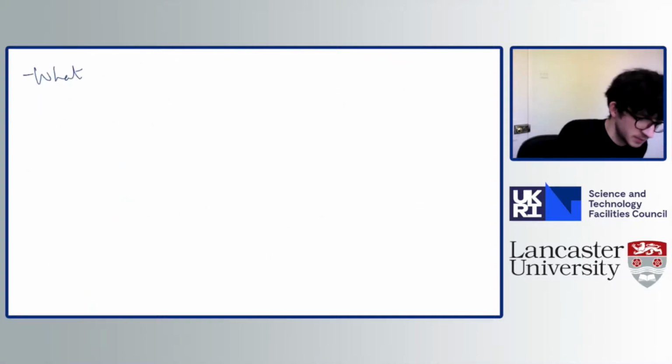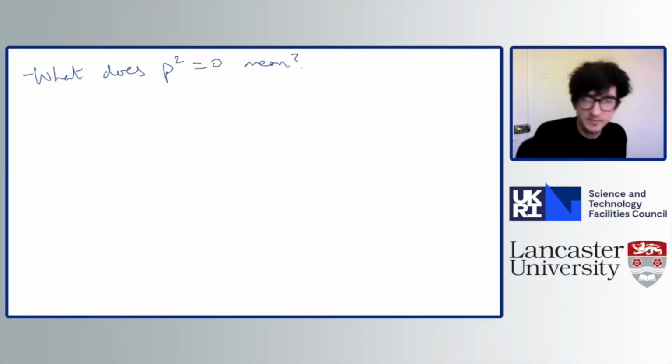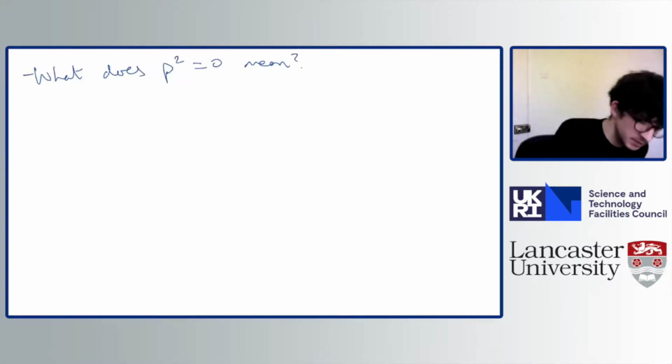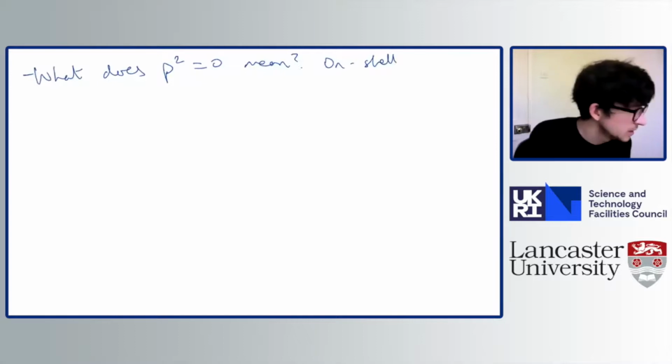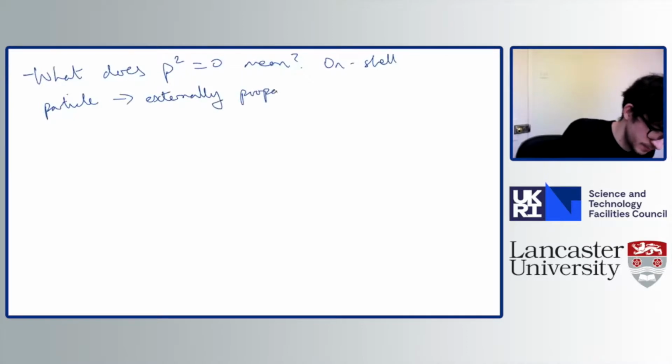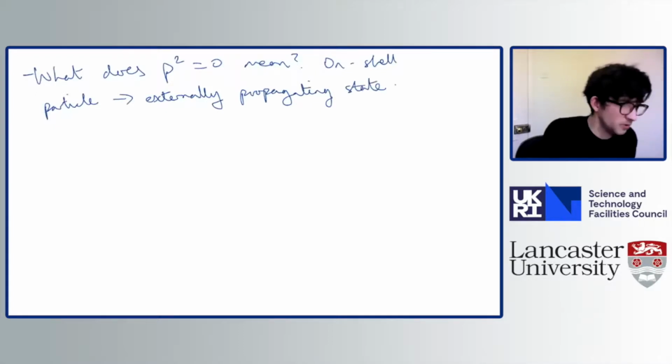So what does p squared equals 0 mean here? Well, that just means it's an on-shell, externally long-distance propagating particle, right? An on-shell particle is just a particle, something that we actually observe rather than something that exists just as an intermediate field excitation. So an on-shell particle is an externally propagating state, not a virtual thing.